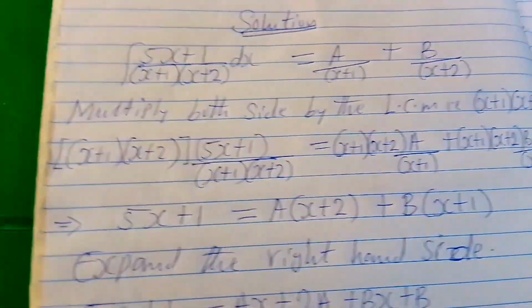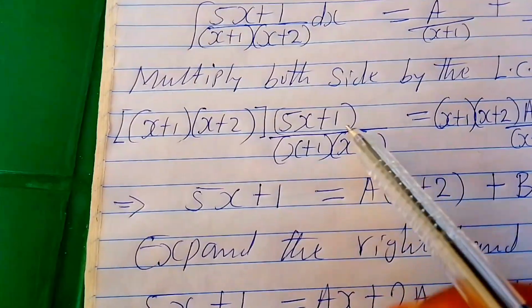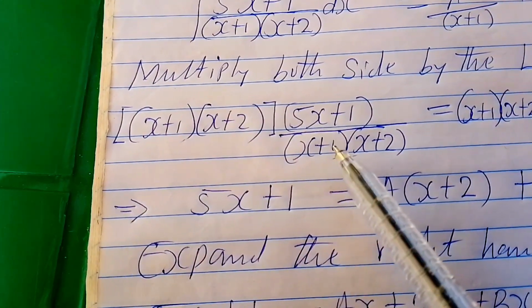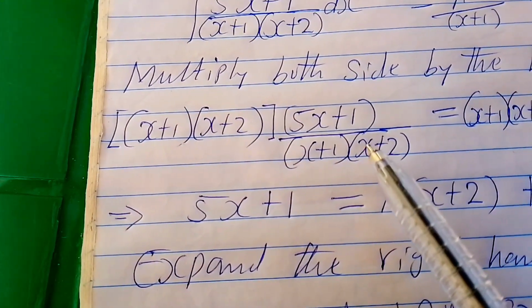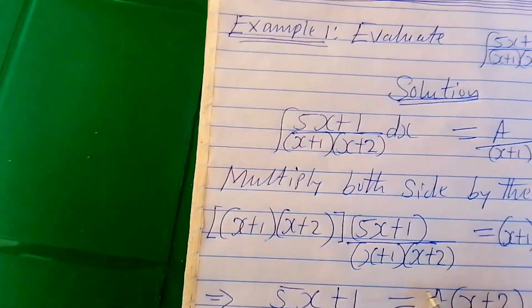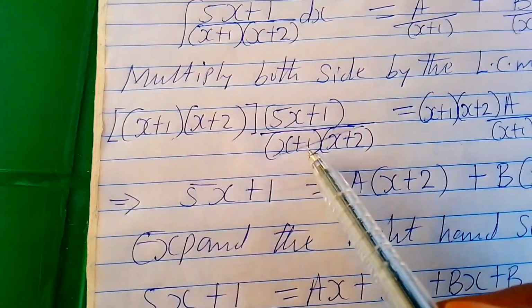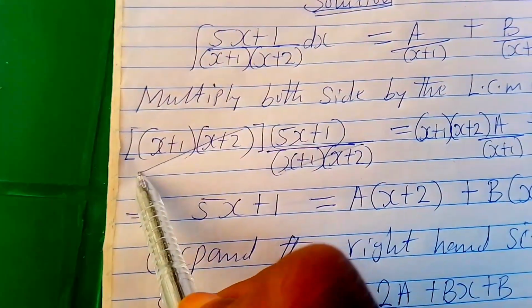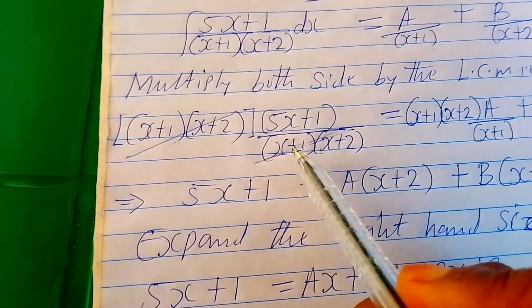Now at this point, let's look at what you are going to have. On the left hand side, (x + 1)(x + 2) cancels out with the denominator, so this is out.